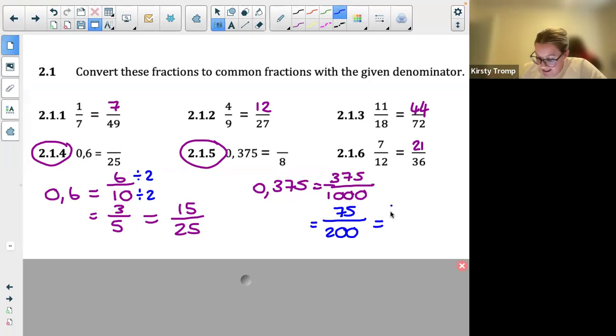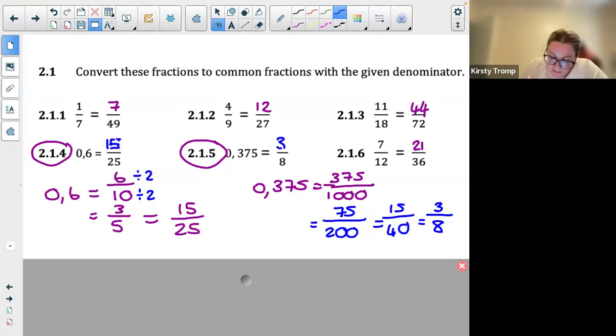Yes, it can. Beautiful. And what about 200 divided by 5? It gives me 40. And one more time: can 5 go into 15 and into 40? Yes. 5 goes into 15 3 times, and it goes into 40 8 times. And that's how you actually get 3 over 8.